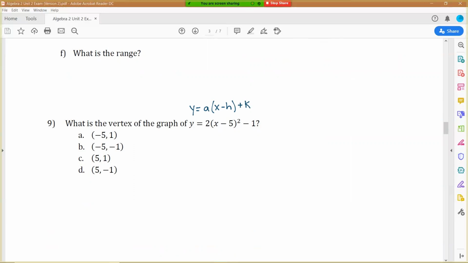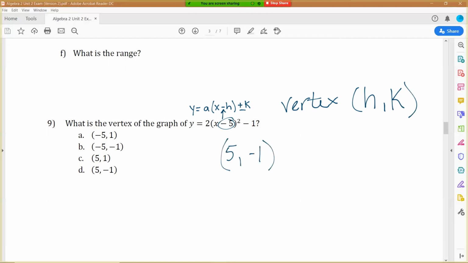The thing you have to remember is your vertex is h comma k. But when you take the h out of the parentheses, because there's this negative sign there, it's got to change sign. So really in this question, the negative stays there and all you get to take out is the 5. K stays the same because it's positive, so it's going to be 5 comma -1, which is letter D.